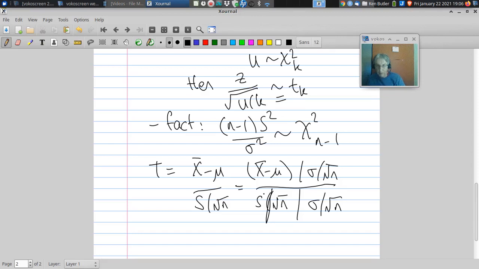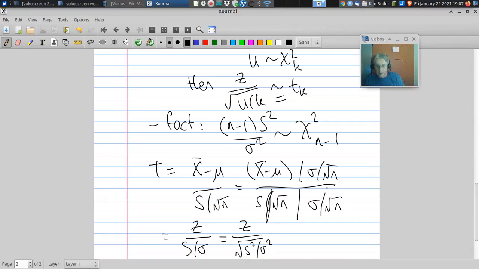Now, this thing on the top here is just what we were calling Z. It's a standard normal because this has the real sigma in it. But this thing on the bottom, what is that? Let's see if we can simplify it. The root n's go away. This is S over sigma, or you could write it as the square root of S squared over sigma squared.